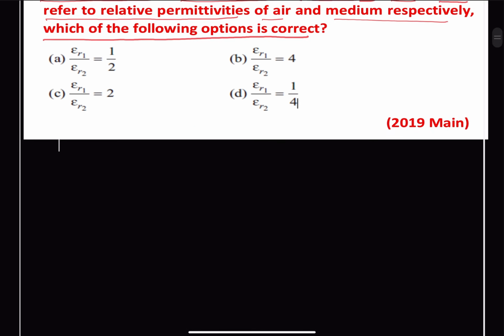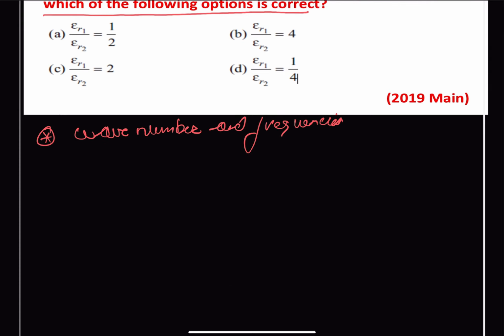So let's find out the wave number and frequencies. First let us calculate for air, which is basically our equation 1.